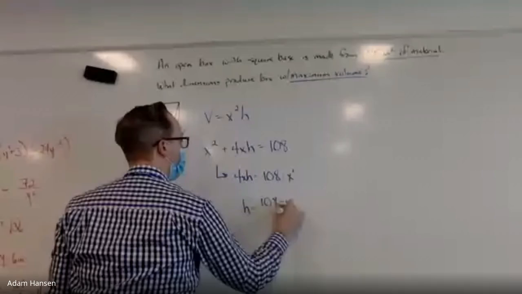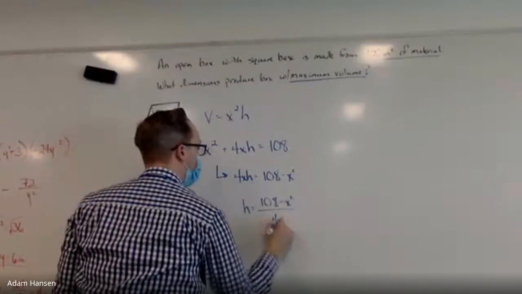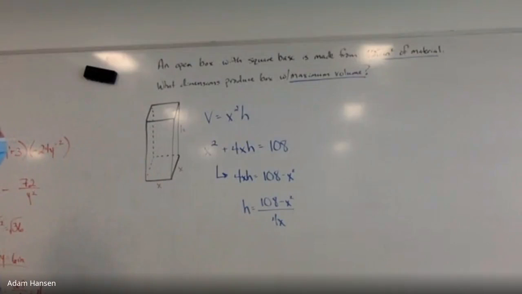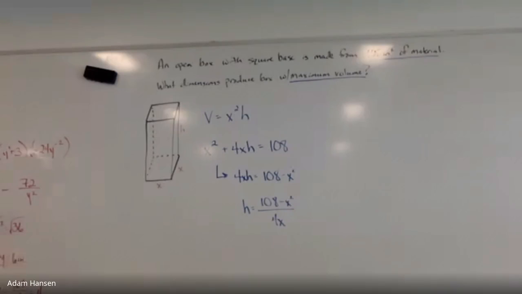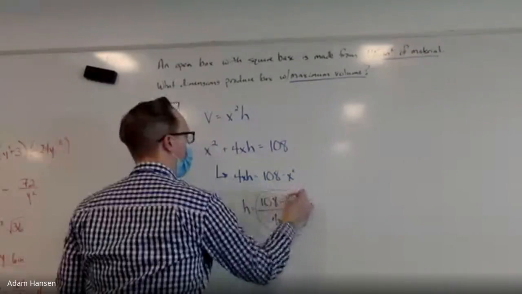I need x squared moved over, and divide by 4x. That's the height.